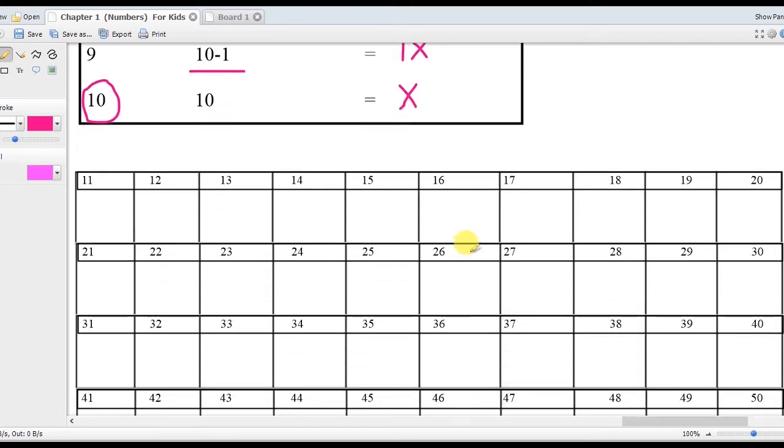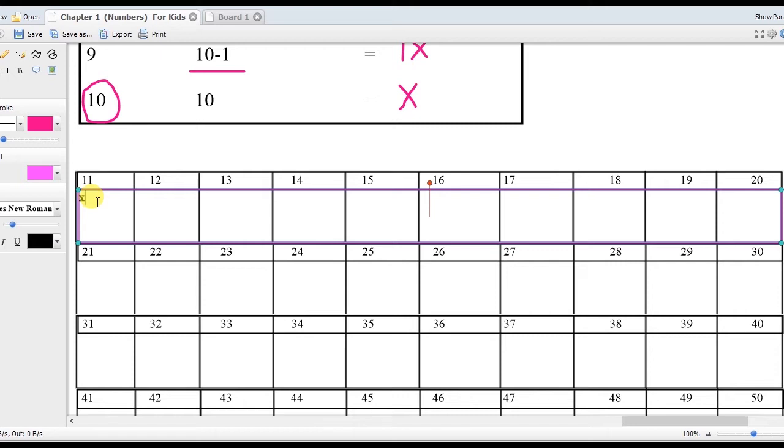Okay, now let's solve from 11 to 20. For number 10, it is simply an X. So for number 11, for 10 it is X, and 11 is 10 plus 1.